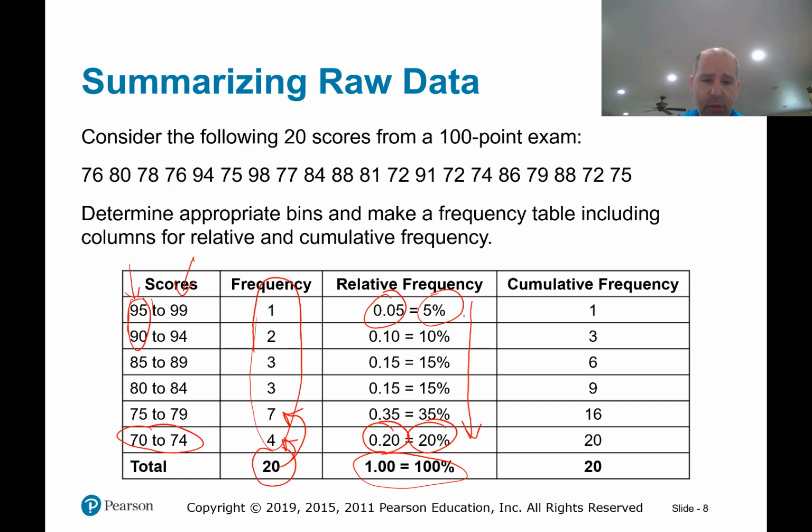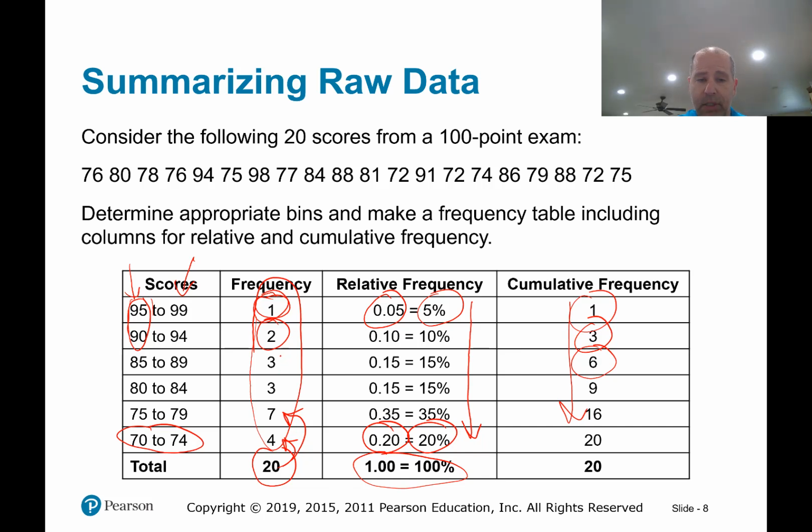Cumulative frequency is, again, you're just adding a running total going down, right? So in the first class, you've got 1 because that's all you have. So the cumulative frequency is the same as the frequency. But then when you go to the second class, the second bin, now the cumulative frequency is 3 because you have 1 plus 2, which equals 3. And then the third class, the cumulative frequency now adds the third class to it.